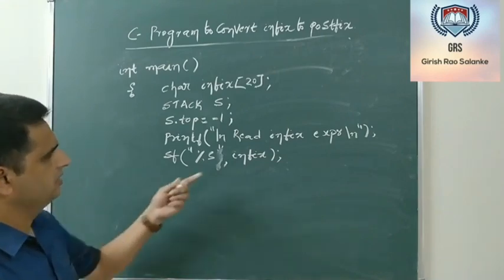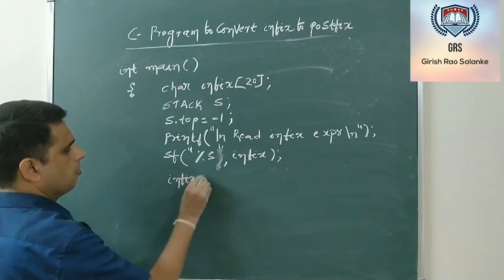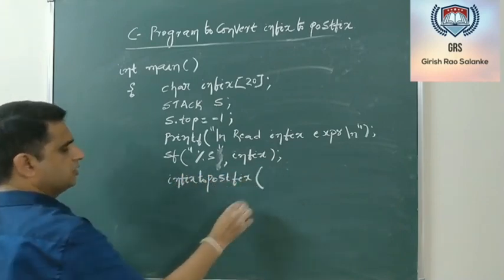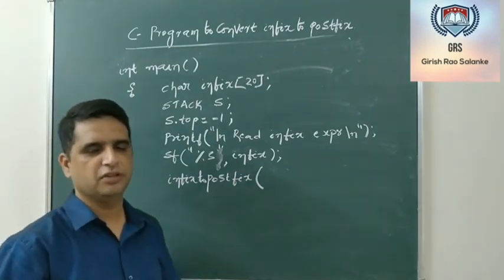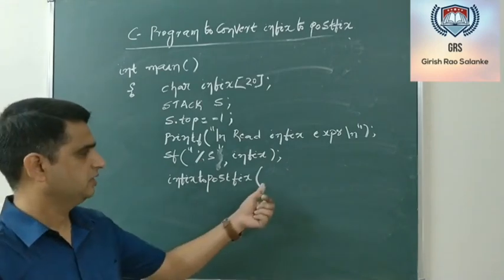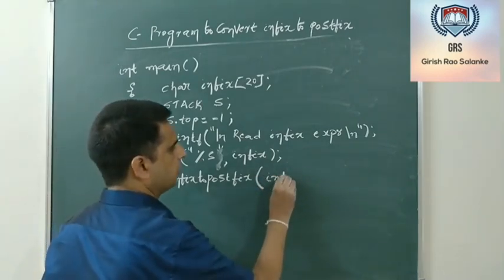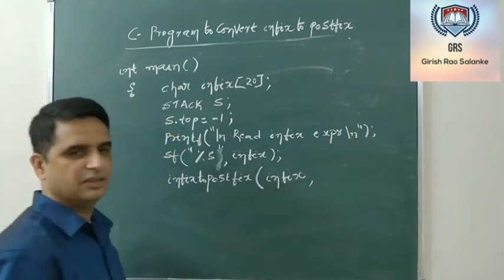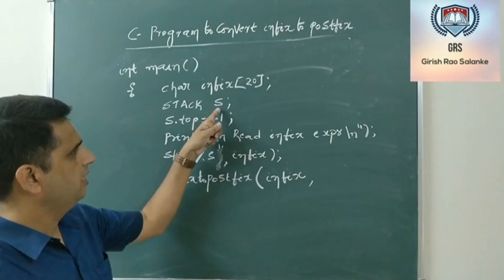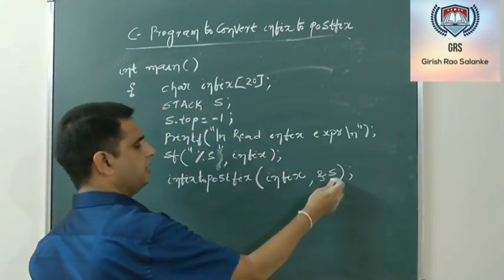Now we call the infix to postfix function. To this function, the first argument was the input, the infix expression, infix, comma. The second argument was the reference of the stack, which is there in the variable s, so this is &s. Why is it &s?